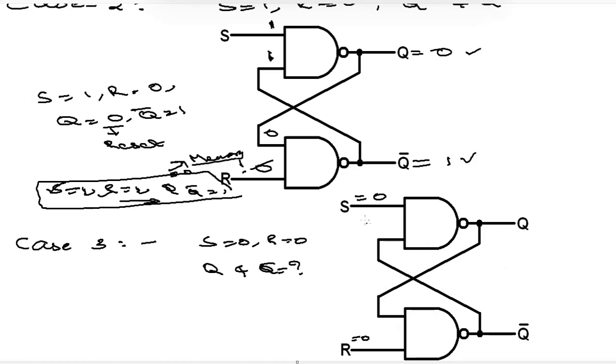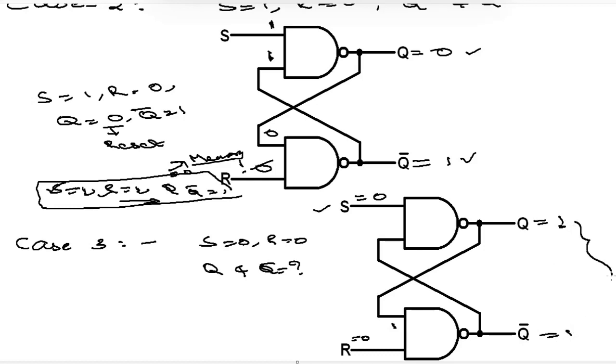Now I am starting with S. If in the NAND gate any one input is 0, then the output will be 1. So S value is 0, irrespective of Q bar value, Q value will be 1. Again I am applying this value to the second NAND gate, inputs 0 and 1. For 0 and 1, Q bar value will be 1.